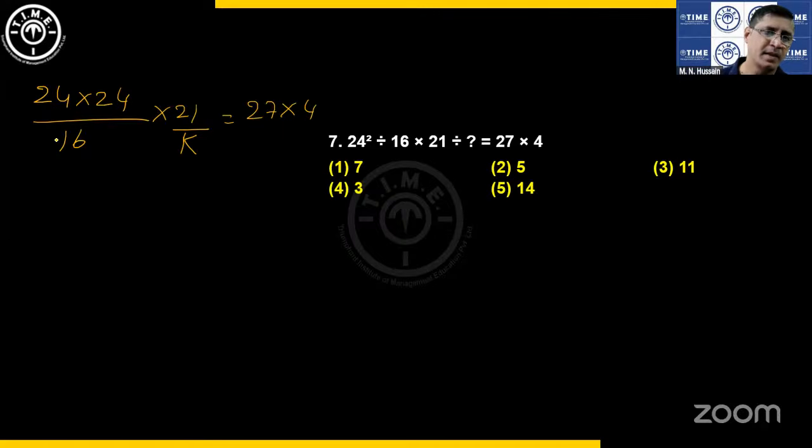Simplify. 8 goes 2 times in 16. 8 goes 3 times in 24. Now what about 3 in 27? It goes exactly 9 times. In 9, 3 goes 3 times. In 21, 3 goes 7 times. 3 in 24 goes exactly 8 times.